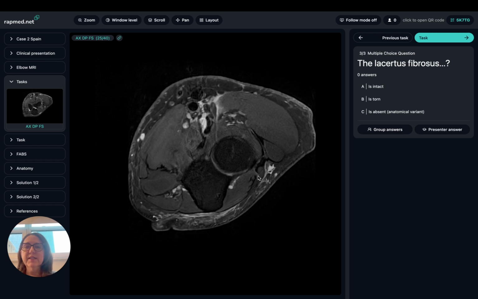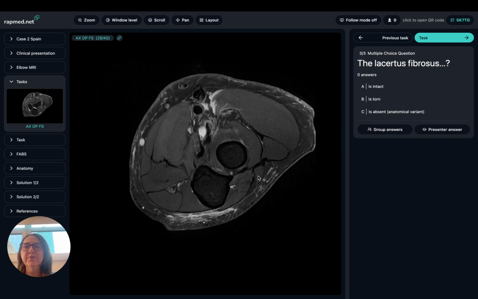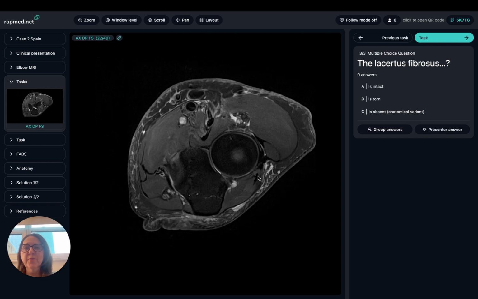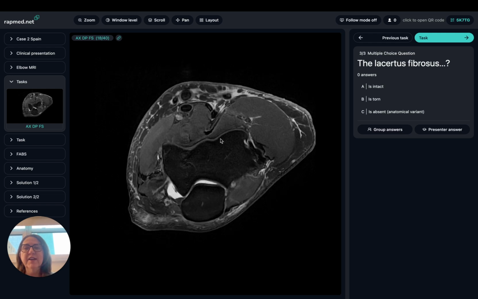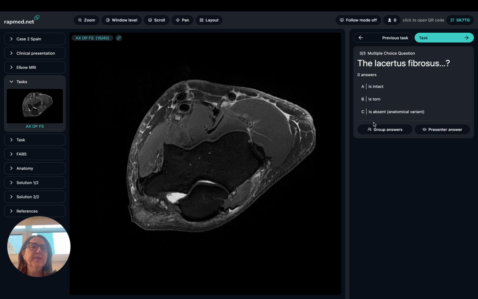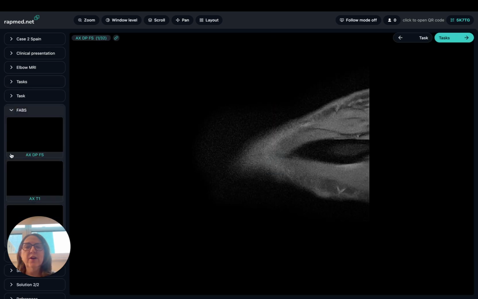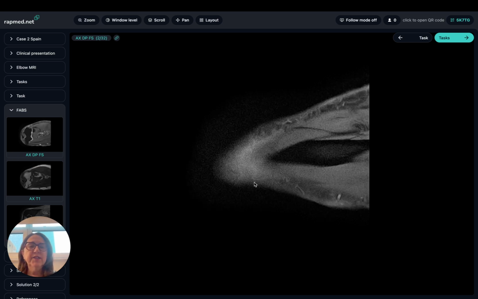This is important because in this case, despite a little bit of fluid, we see very nicely that the lacertus fibrosus is surrounding the structures, and we see it like a clear line despite the edema. So the lacertus fibrosus is intact.